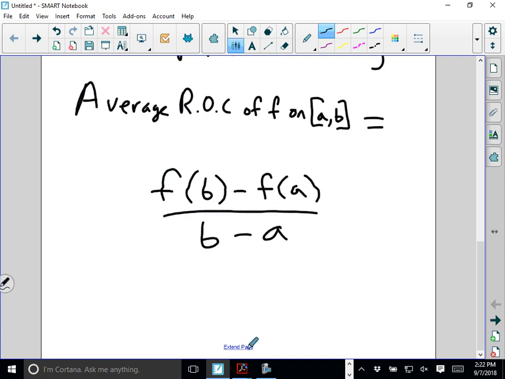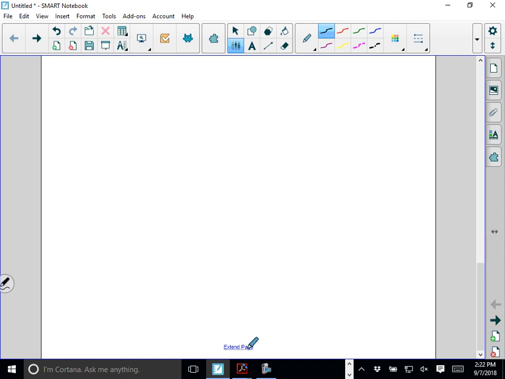Now we've done a lot of average rates of change looking at tables, so I just want to do an example from a graph and an example from a function. So let's do the function first. Our function here is going to be f of x equals 3x squared plus 5.